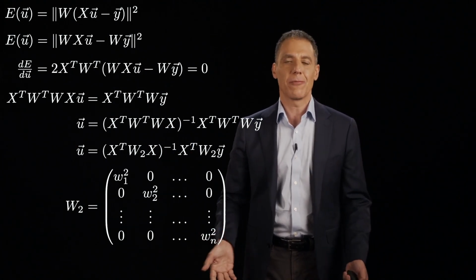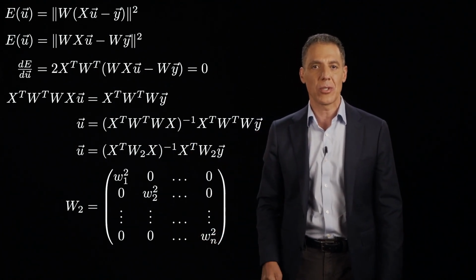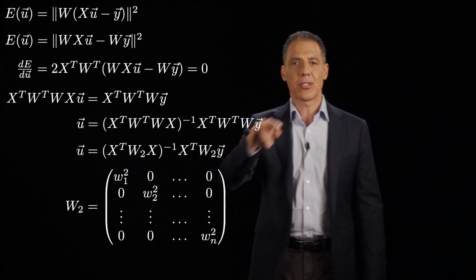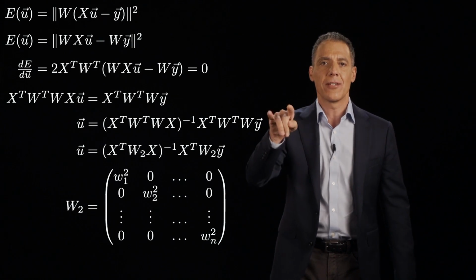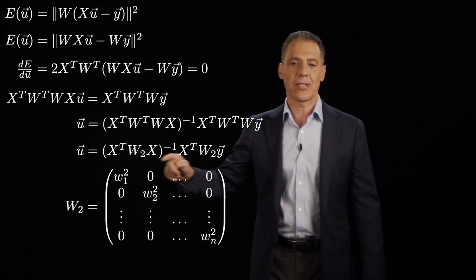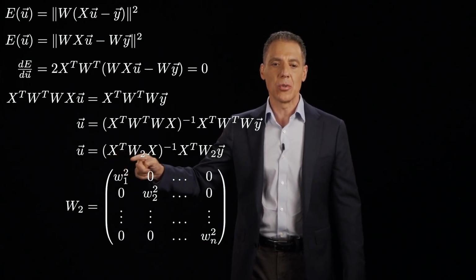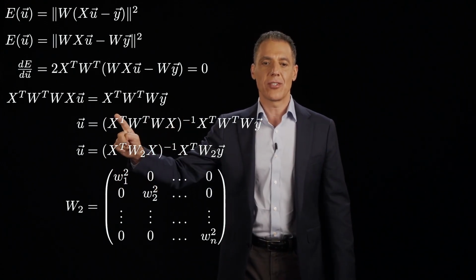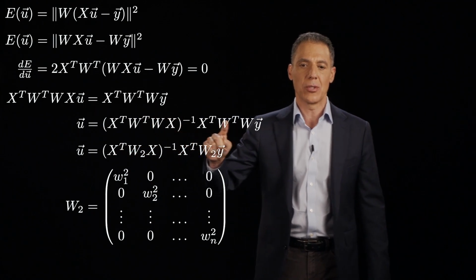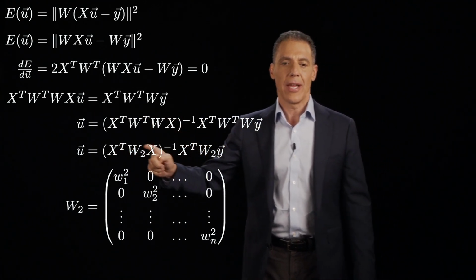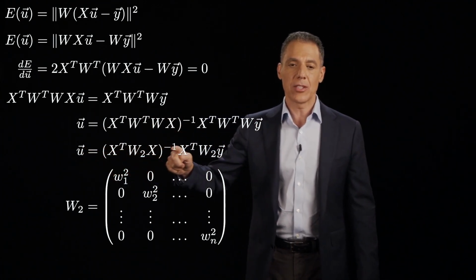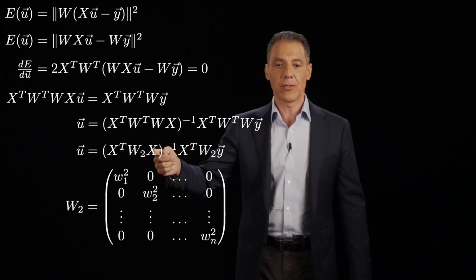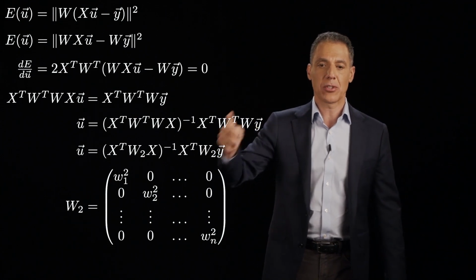It's the matrix itself, because nothing changes when you transpose. So when I multiply a diagonal matrix times another diagonal matrix, all I'm doing is squaring the diagonal elements of the matrix. And so if I call W2 the square of the weights, I can simplify this notation so I don't have to lug around W transpose W here and here. And now my weighted least squares solution is X transpose, weighting matrix squared, X, inverse, X transpose, weighting matrix squared, times y.